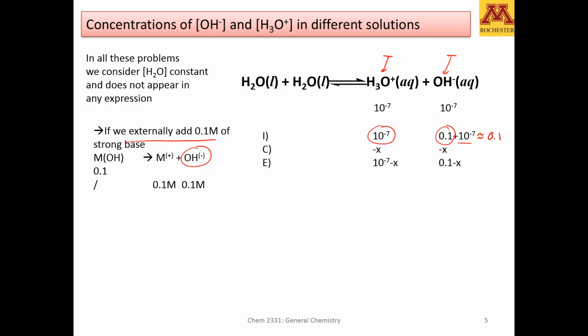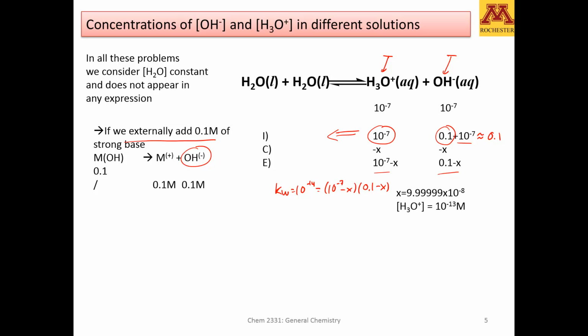If we're adding products, by equilibrium, Le Chatelier, it means that the reaction will displace towards reactants. So we're going to remove a certain amount, let's call it X, for both products. Initial minus the change, it's this much and this much, so the Kw, which is 10 to the negative 14, is (10 to the negative 7 minus X) times (0.1 minus X).